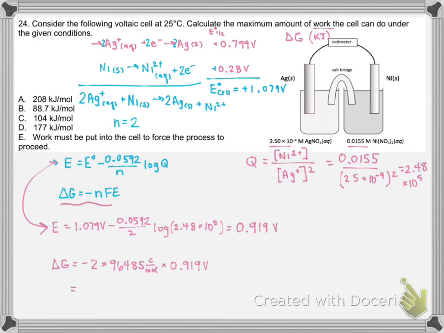And this number pops out as negative 177,402 joules, which I'll say is the same as 177 kilojoules. So the correct answer here is D.